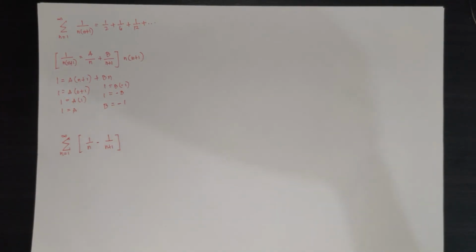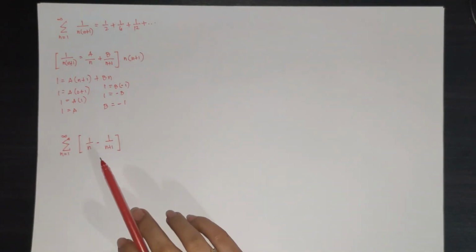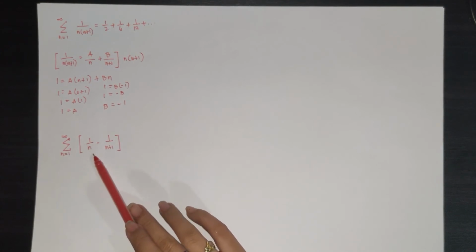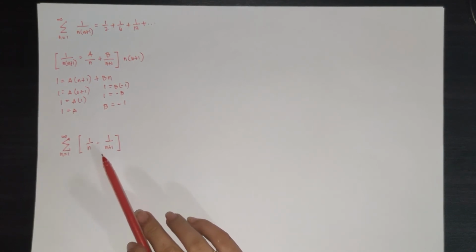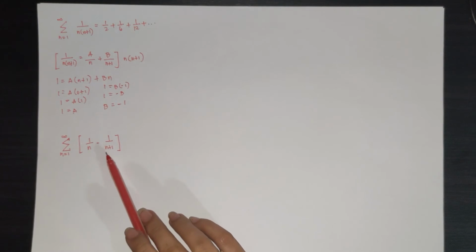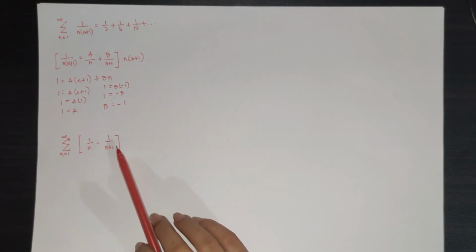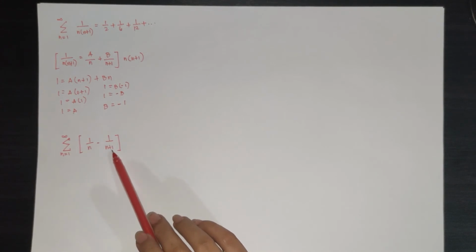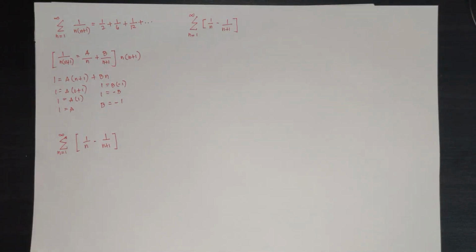So therefore, I can rewrite the series like this. This is going to be a over n, and a is 1, so 1 over n. And then plus b over n plus 1, so b is negative 1, over n plus 1. So let's begin by listing out the terms.